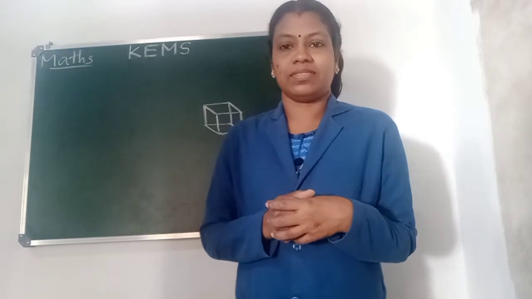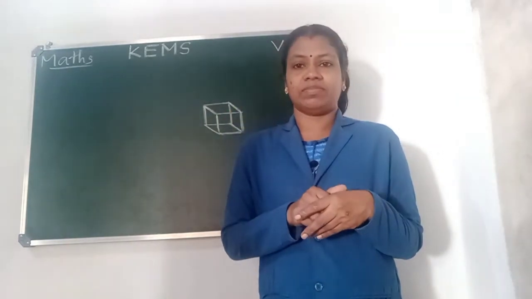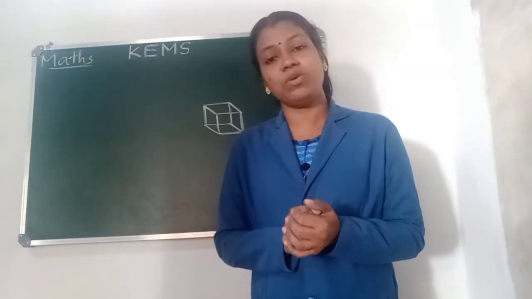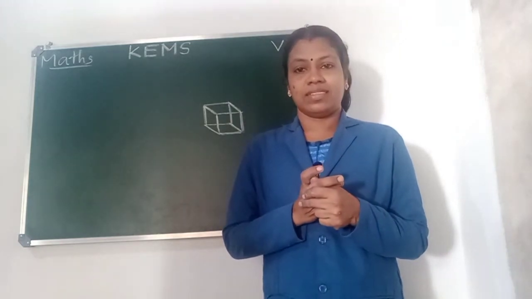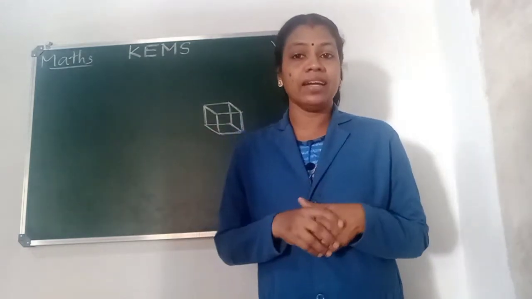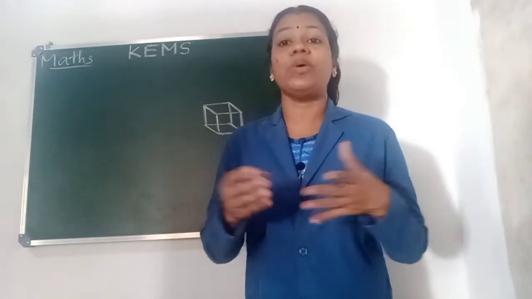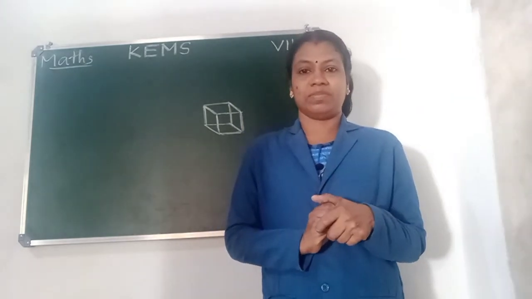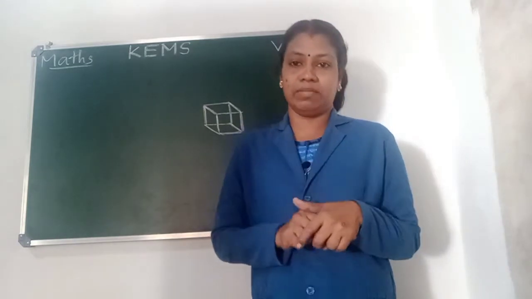Like, how many cubes of side 1 centimeter are required to make a cube of side 3 centimeter? So, we require 27 cubes of side 1 centimeter to make a cube of side 3 centimeter.